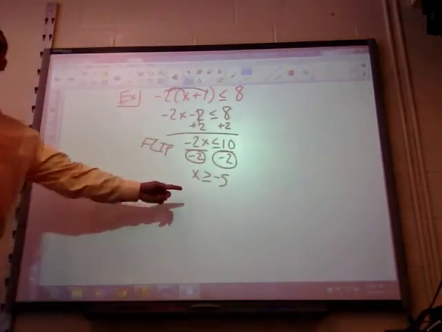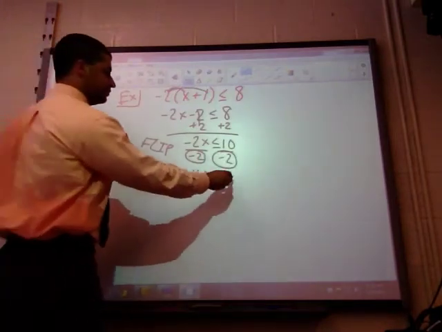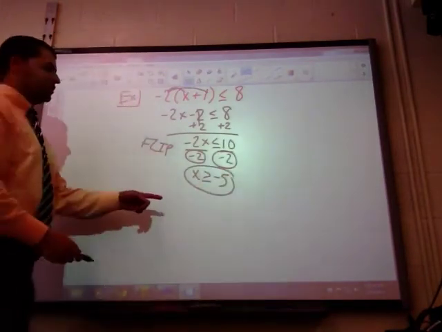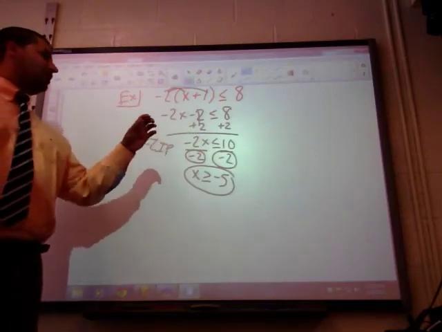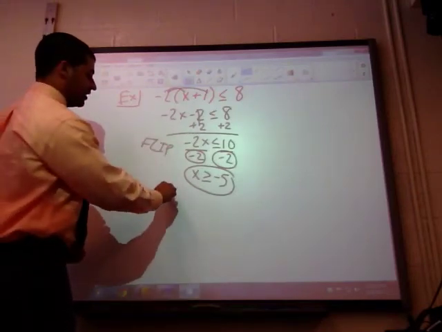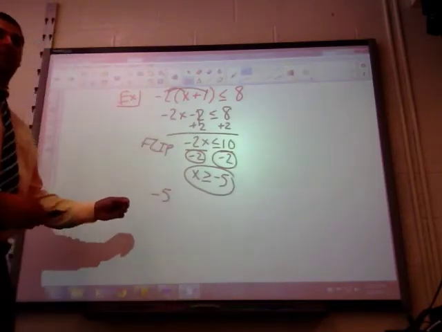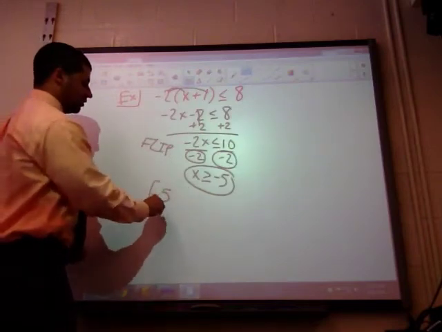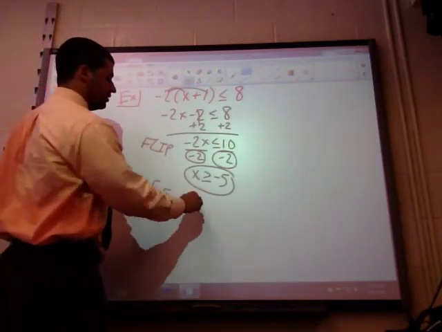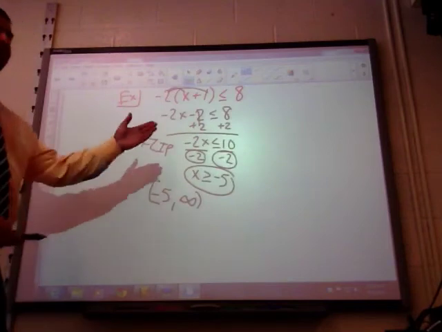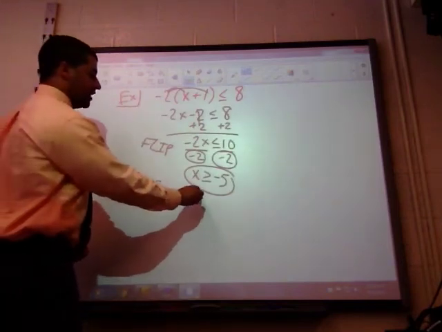So that's my answer. Now to put that in interval notation, I'm seeing that as greater than, so it has to be all numbers bigger than or equal to negative 5. I start with negative 5 because it's greater than. I start with the number, put a bracket because it's or equal to, and I go up to infinity because that's the biggest possible number we can ever imagine.